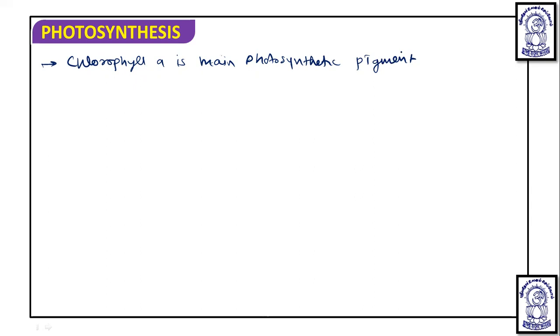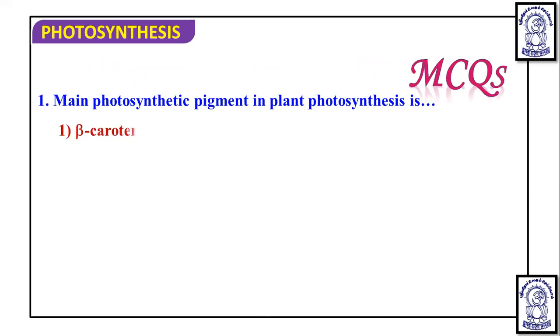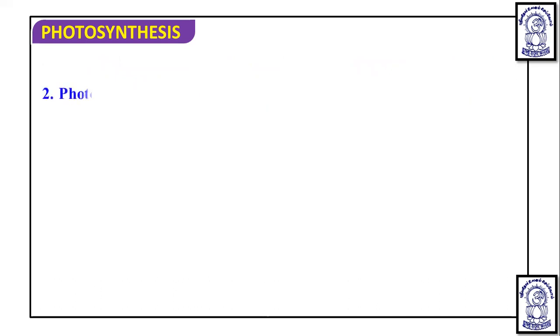So chlorophyll A is considered the main photosynthetic pigment, and that is all about the pigment. So the main photosynthetic pigment in plant photosynthesis is chlorophyll A, just as we have discussed.